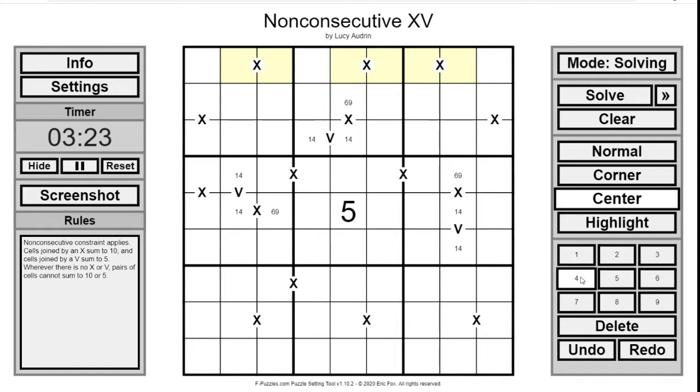We could do 4, 6, 2, 8, 1, 9. Are those all the ways? Could be 3, 7. Basically anything besides 5.